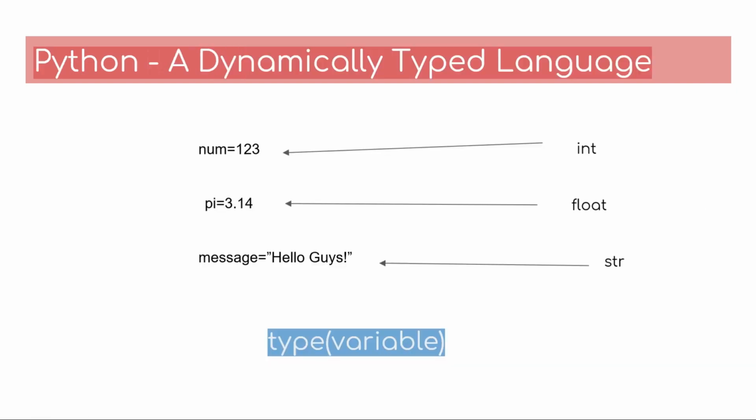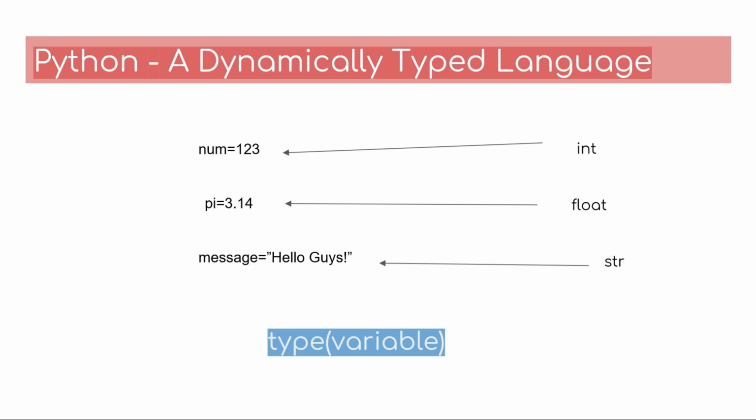So now we are going to discuss Python as a dynamically typed language. Whenever we were assigning num = 123, it by default took the variable as int. If you were typing pi as 3.14, it was taking it as float. We didn't specify that we are going to use this type of variable.